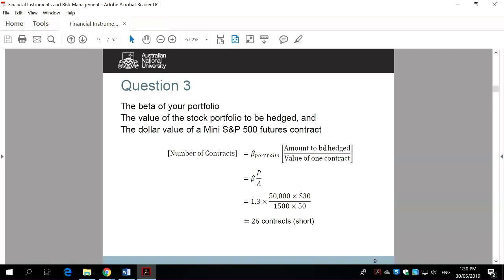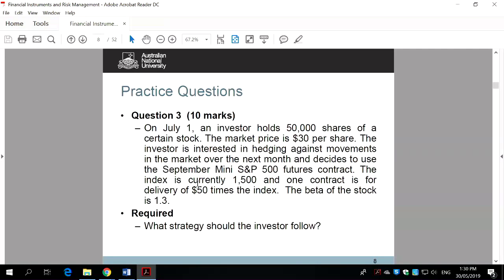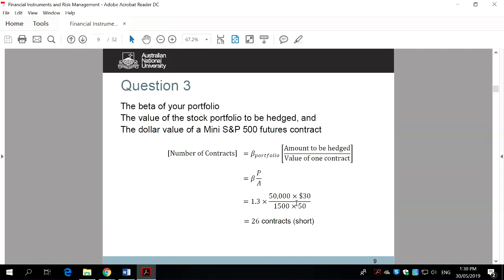Then we need to figure out what the denominator is: how much is each contract covering? Each contract is covering 1,500 points, right? And each point is multiplied by $50. So that's how much one contract is covering. Then you take the total exposure divided by how much each contract is covering, and you get a number of contracts.